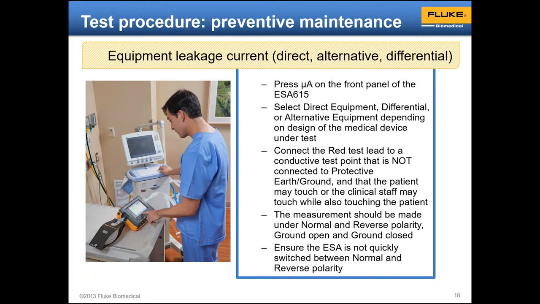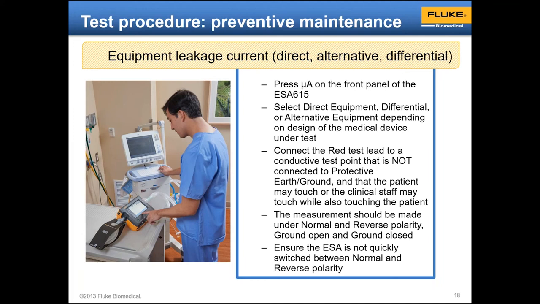You remember what we said yesterday about sometimes there is no such conductive test point. The whole covering of the medical device is plastic, which is an insulator, and there is no non-grounded place for us to get onto. In that case, we will use that 4 centimeter or 10 centimeter square of aluminum foil.